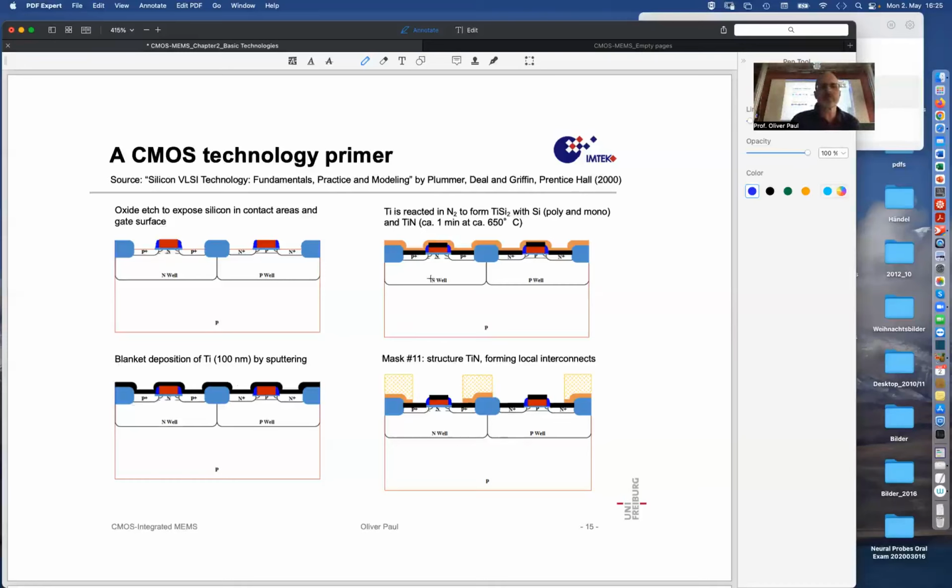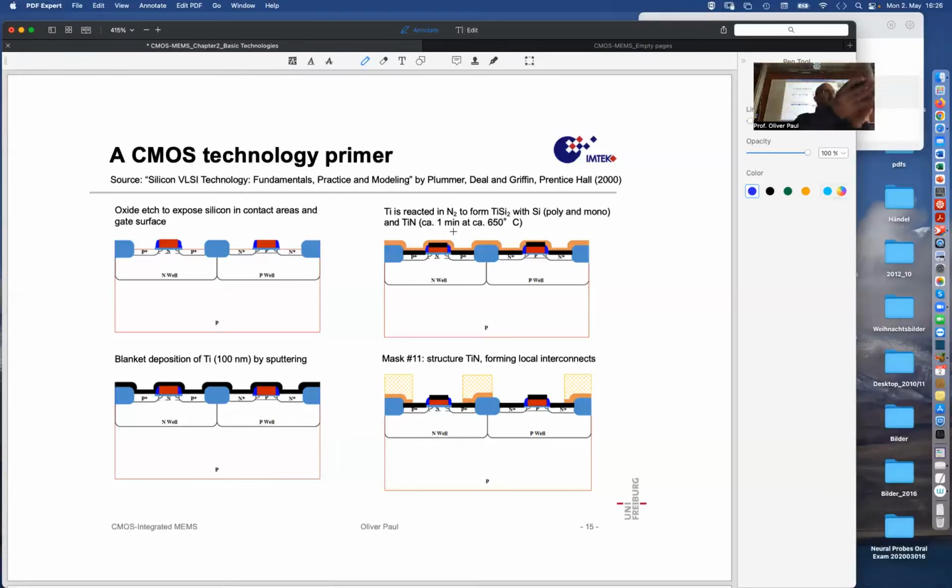Before this is done, actually there is a thermal process at 650 degrees, very shortly in nitrogen, to form two things. At this temperature, so how is this done? Usually this is such a short process.